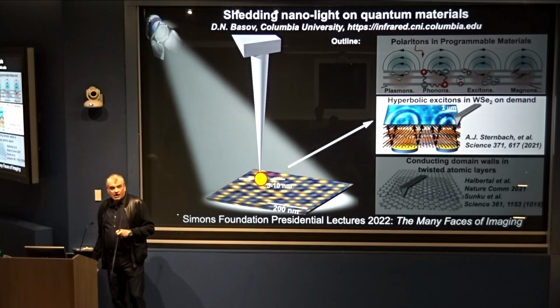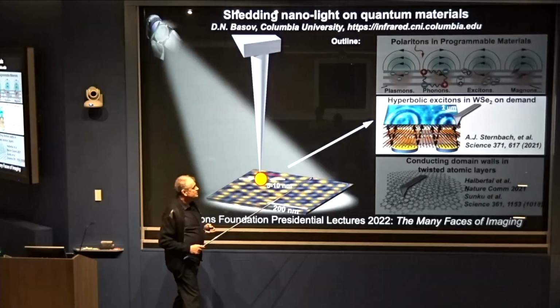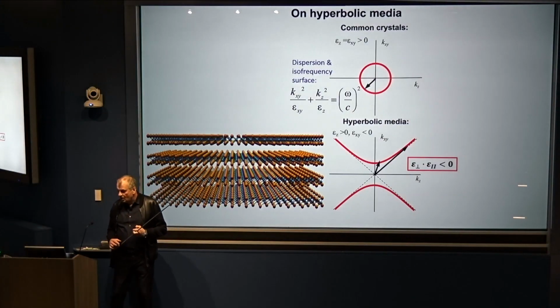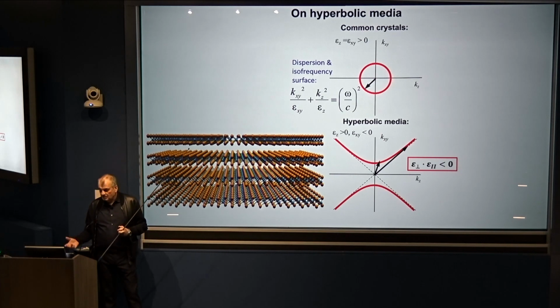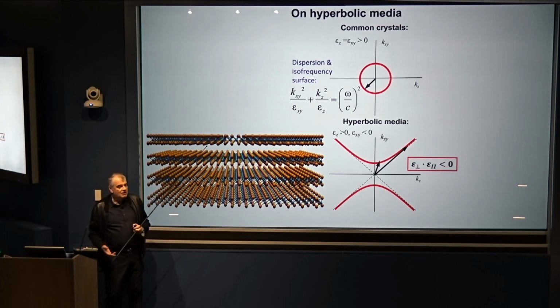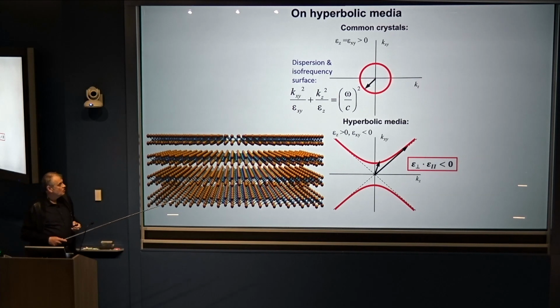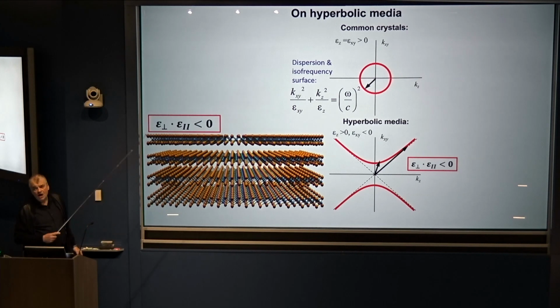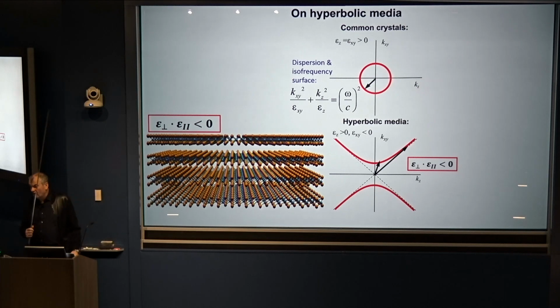Okay, so now I would like to tell you about these hyperbolic polaritons. Hyperbolic response is a common signature of many layered materials that's commonly underappreciated. Layered van der Waals materials are usually strongly anisotropic, and it's quite common to find a situation when the in-plane and out-of-plane dielectric function of a material are of the opposite sign.